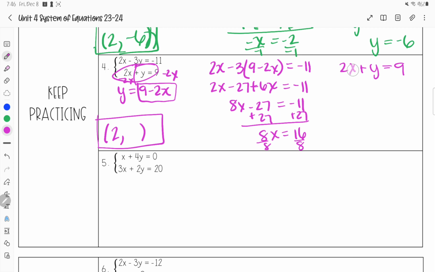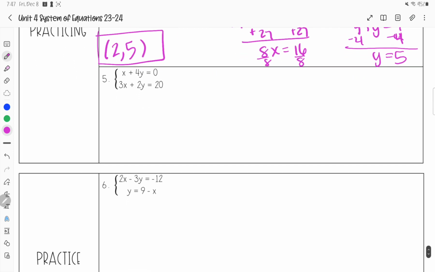Well, I know that x is 2, so now I'm going to go 2 times 2 plus whatever y is equals 9. So 4 plus y equals 9. Subtracting 4 from both sides, y equals 5. So again, that's where those would cross if we were to graph them.